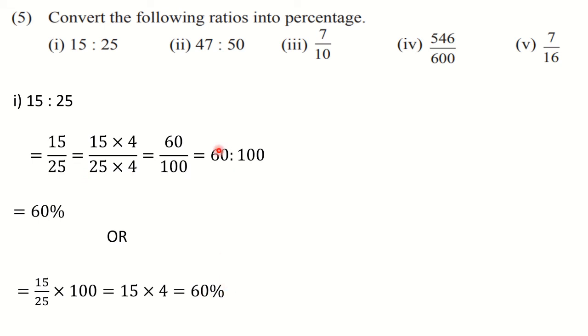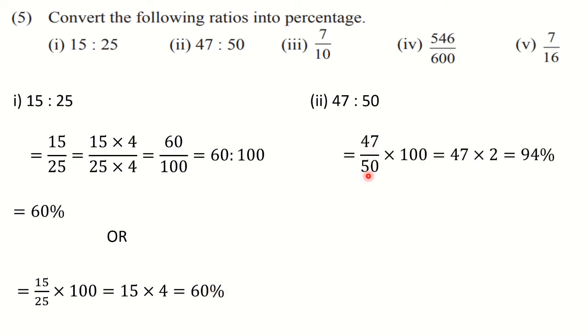So let us go towards the next one, that is question number 2. 47 is to 50. I am using this second method. I think you also will prefer the same method because it is very easy. So we can write this as 47 upon 50 into 100. That is 47 into 2, 94%.